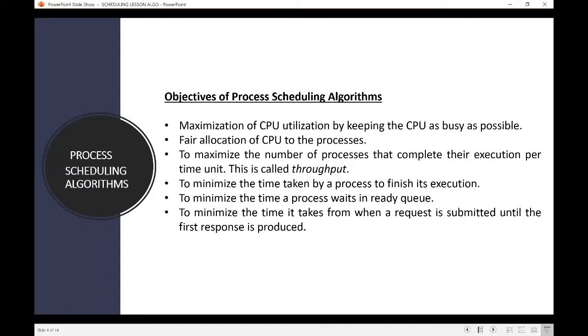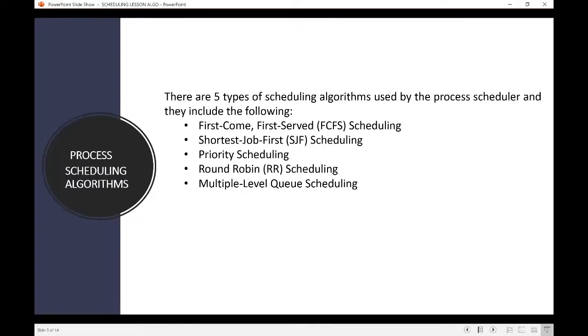Those are the main objectives, but you can find other objectives of the process scheduling algorithms. There exist 5 types of scheduling algorithms, and the operating system developer will choose which type he or she is going to use with the operating system.